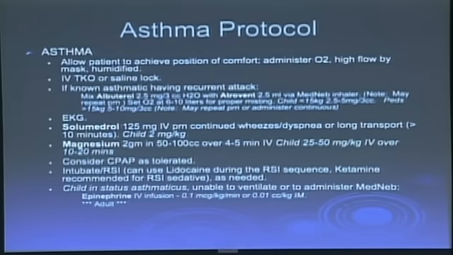If the patient is not responding to your albuterol, we will add magnesium sulfate, 2 grams delivered over 4 to 5 minutes for the adult. We have had some really good results from that here, at least anecdotally.